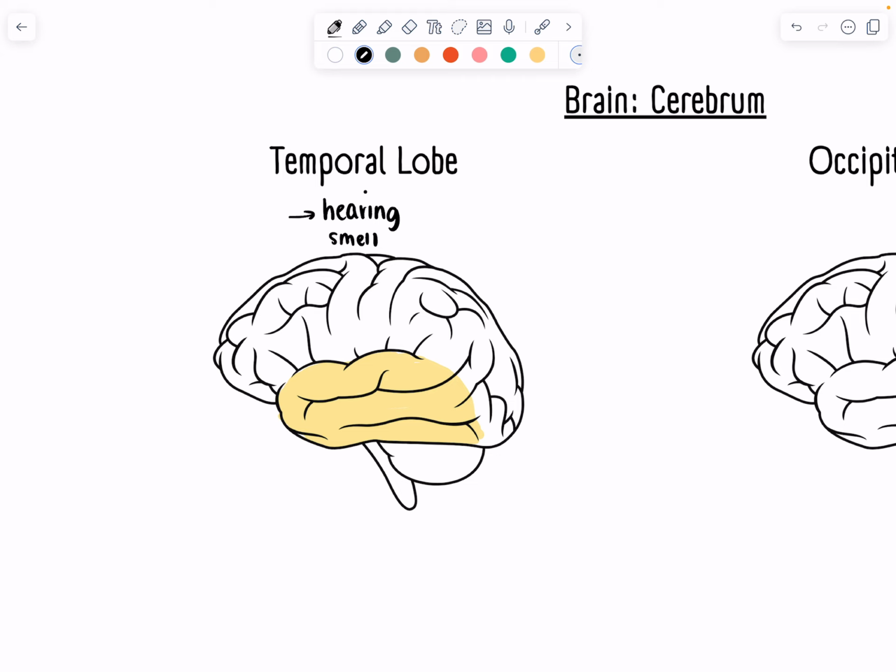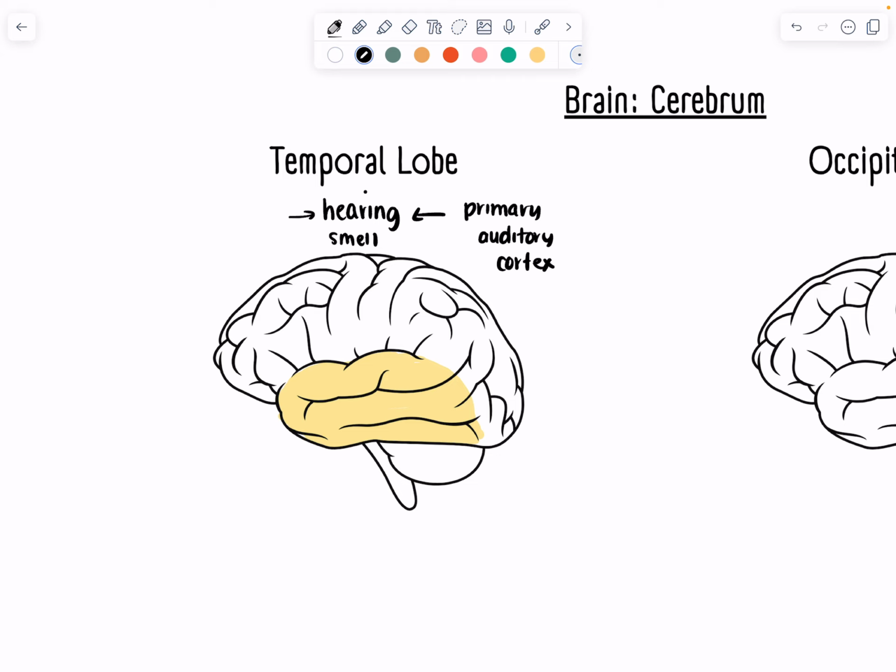We're going to talk about hunger in the temporal lobe. There's a bunch of different things in the temporal lobe, but the main ones I want you to think of are hearing and smell. But really, more so hearing, because this is the area where I find my primary auditory cortex.